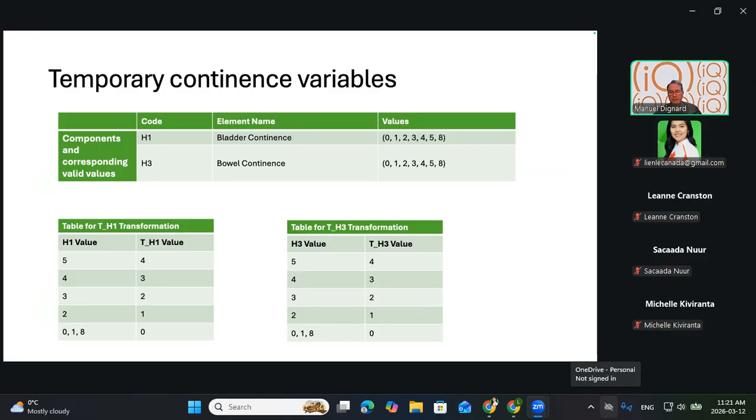Okay, continence variable, same thing. What they did here is they switched the 0 to 8 to a 0 to 4 for the bladder and a 0 to 4 for the bowel. So they're not looking at this, they're only looking at this to calculate, right? And it's important to understand this because when you're looking at your QI, why did it trigger like this?